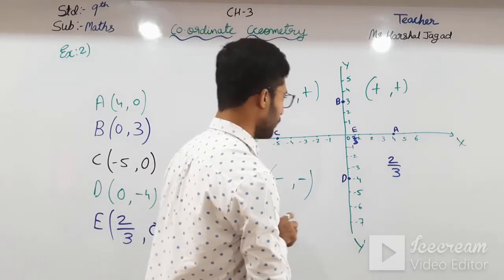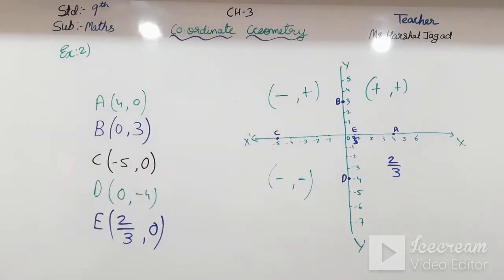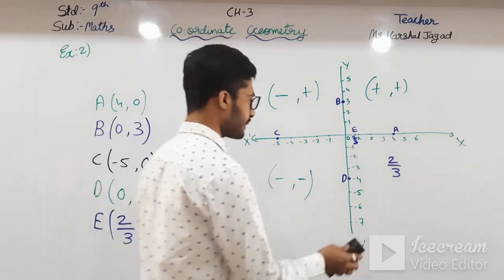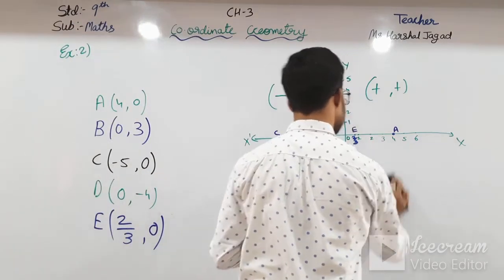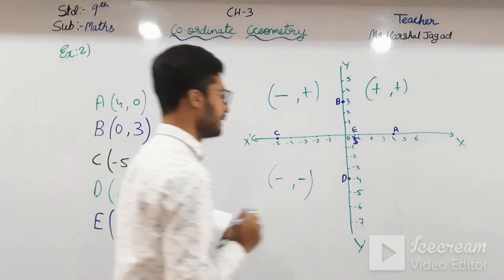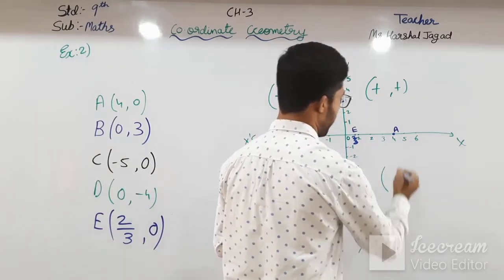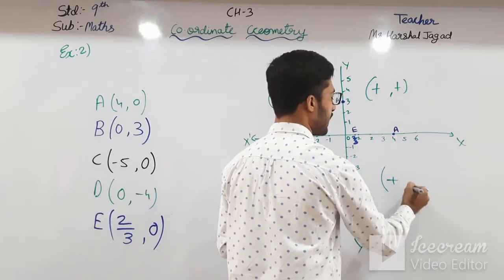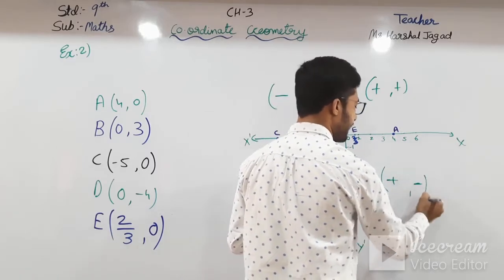And moving towards the fourth quadrant, here the x axis is positive and the y axis is negative.